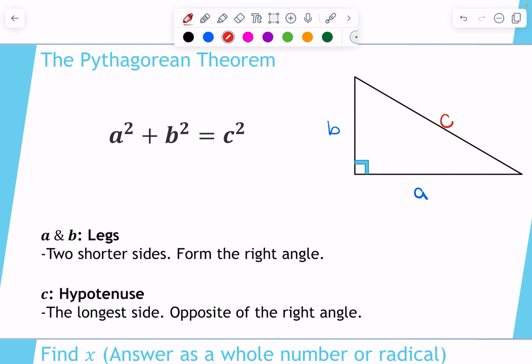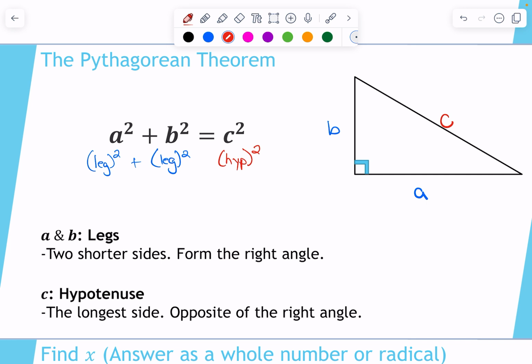It has to abide by the Pythagorean theorem. So again, you've got a leg squared plus a leg squared, and that will equal the hypotenuse squared. These are the special rules.